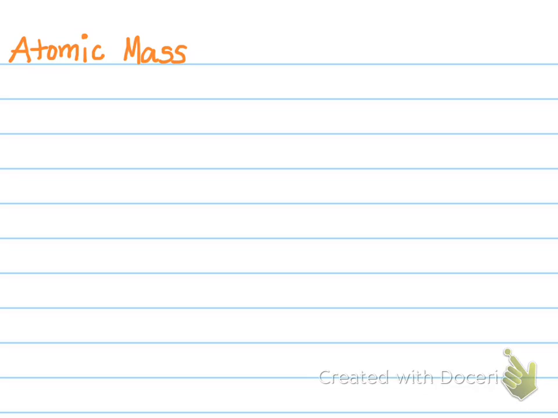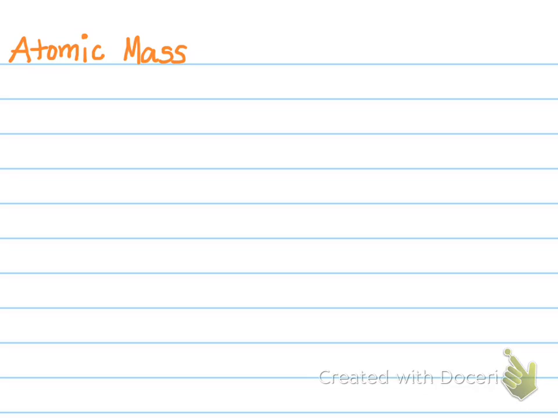All right, because atoms exist as different isotopes, that makes finding the mass of an atom a little bit more complicated. So we're going to talk about atomic mass.